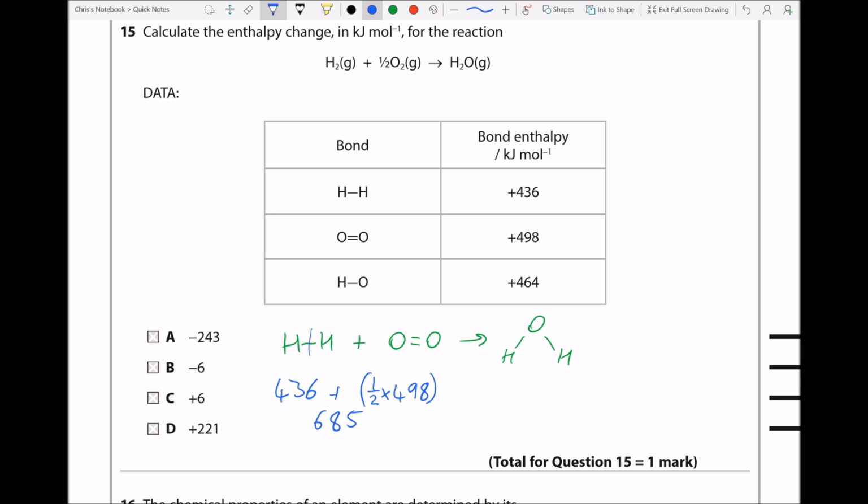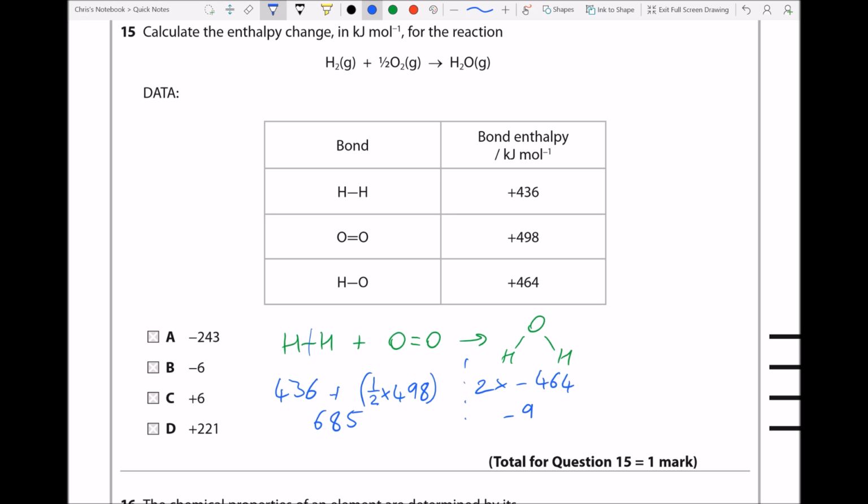Okay, and then if we look on the other side, this one we're forming them. This is an OH bond. So an OH bond is 464. But because we're forming, bond formation is exothermic. It gives out energy. So the numbers we're going to use are going to be negative. So I'm going to change the sign in front of this number just to make it a bit easier. So we're going to do 2 times by minus 464 because it's exothermic.